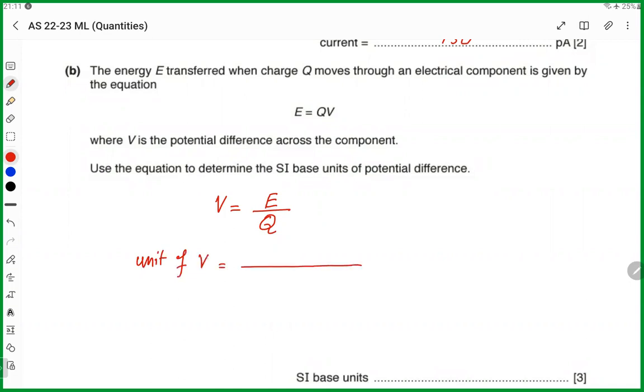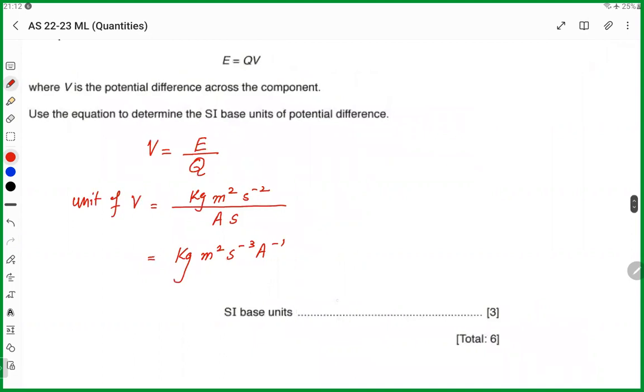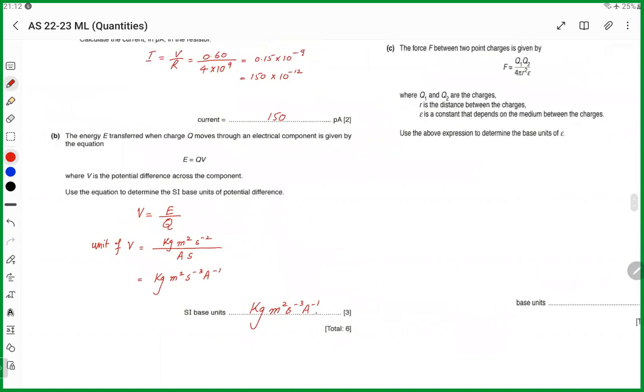What's the unit for energy? Kg meter square per second square, divided by charge, A S. So we have kg m2 s minus 3 A minus 1. It should not be a problem because we have already done that a day or two ago. So easy 6 marks over here.